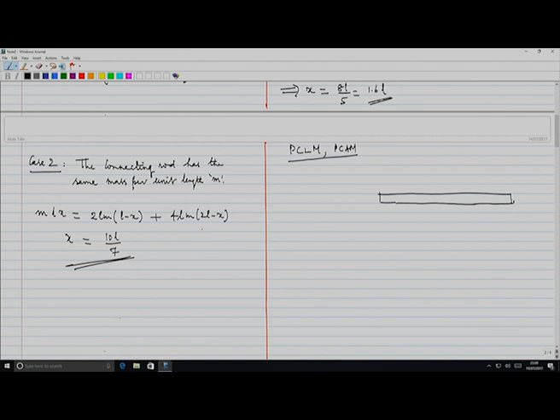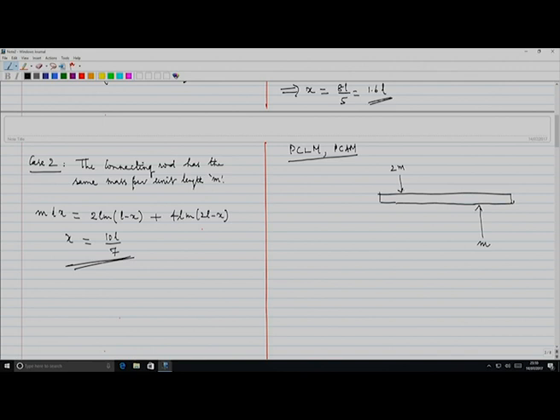There is a mass 2m which strikes here, the rod, and there is a mass m which strikes here, as indicated in the figure below.